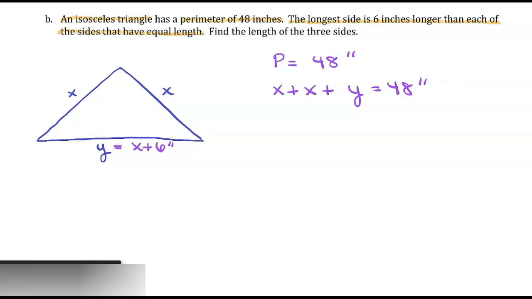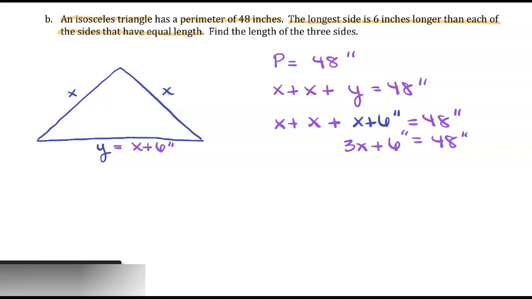Now that we know that y is x plus 6 inches, we can substitute that in for y. Now we have x plus x plus x plus 6 equals 48 inches. Simplifying on the left side, that's 3x plus 6 equals 48 inches.